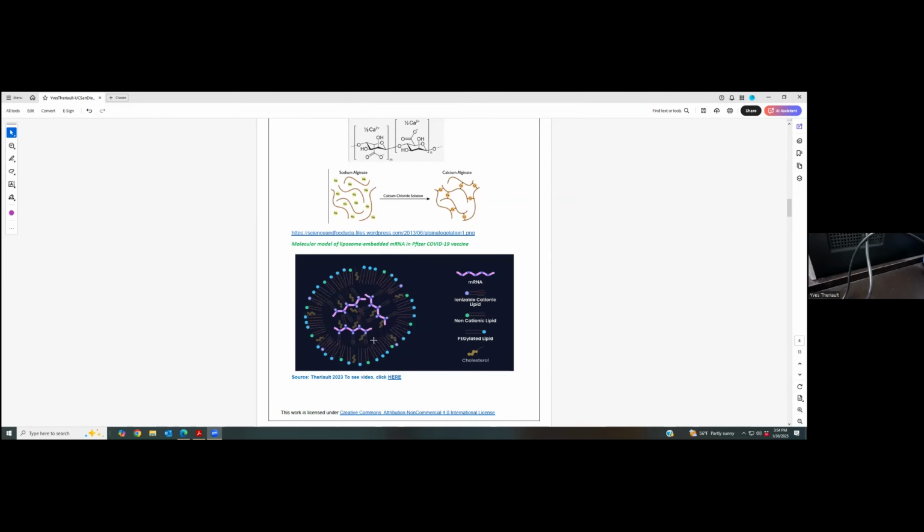And it was embedded in a double layer of lipid. So the evolution of nanoformulation through the last 20, 25 years really helped Pfizer and Moderna to put their vaccine together. There is no way they could have been able to develop the vaccine in 1 year and distribute it to millions of people. We had quite a bit of a history behind it.